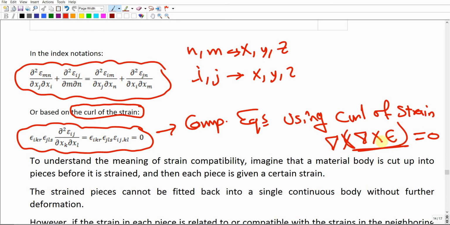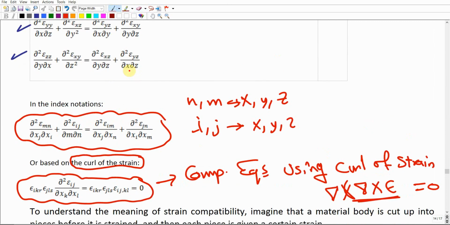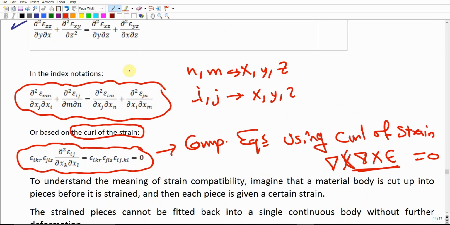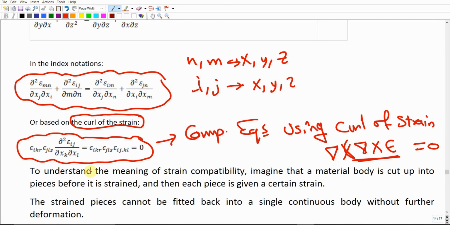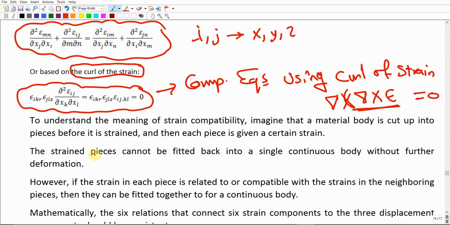I won't go through this vector calculus for the curl, but I would ask you, for example, to prove that this double curl here is going to give us this form, or even this form, right? But you should understand that the compatibility equation can be represented in the explicit form, or in the index notation form, or using the curl of the strain in this form, and it should be 0.